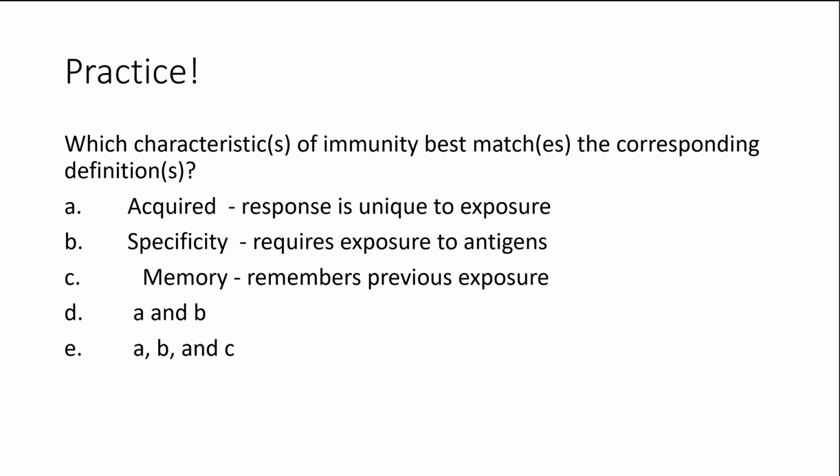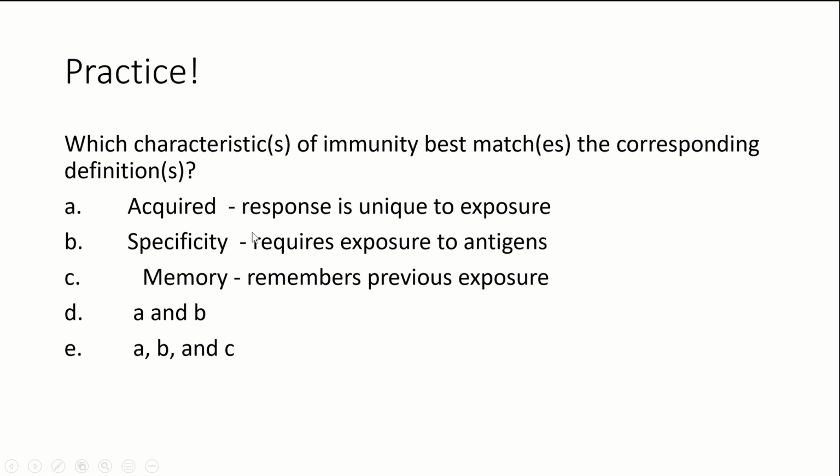Okay, which characteristics of immunity best match the corresponding definitions? Okay, so acquired, when we think of something that's acquired, do we think about the response being unique to each exposure? Not necessarily. Let's go to the next one. If we think about specificity, do we think about something requiring exposure to the antigen? No, not necessarily.